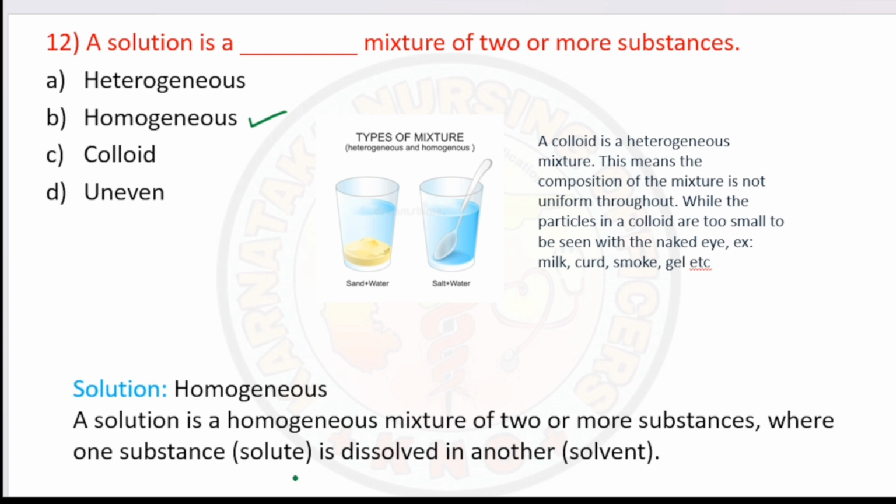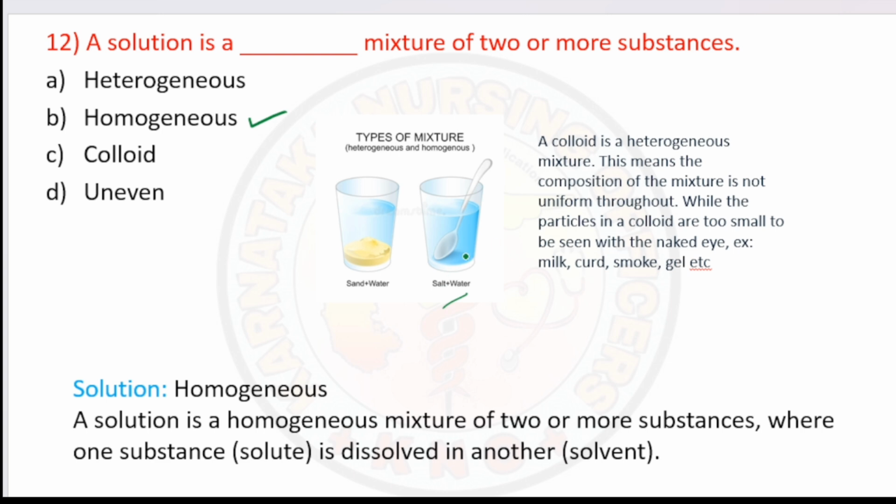That is, solute is dissolved in the solvent. For example, if you consider salt water, so this is salt water. If you see this mixture, salt water is the combination of salt and water, right? Here in salt water, solute is the salt and solvent is water.